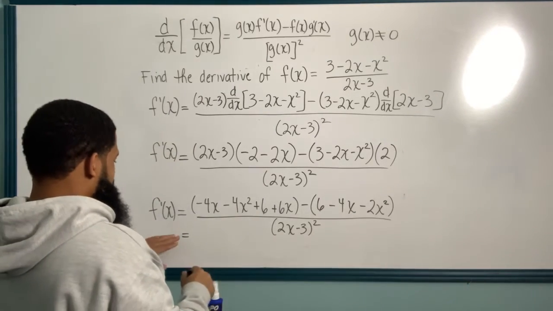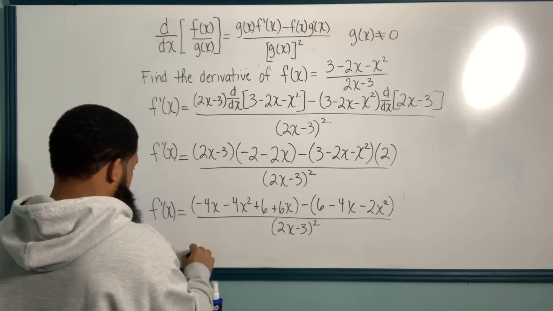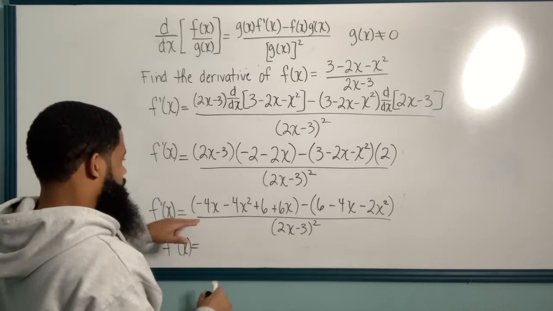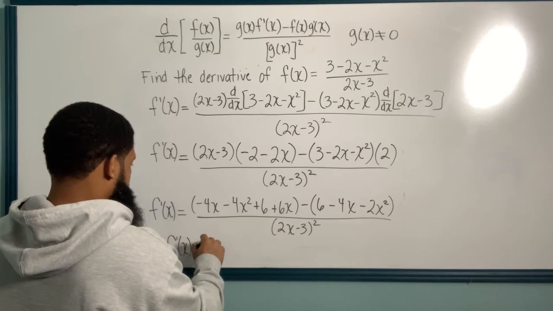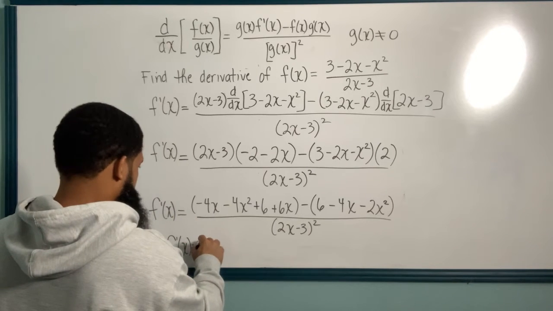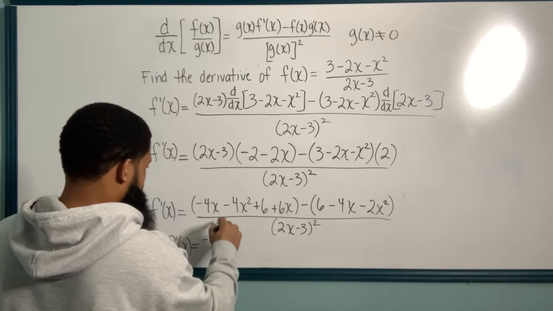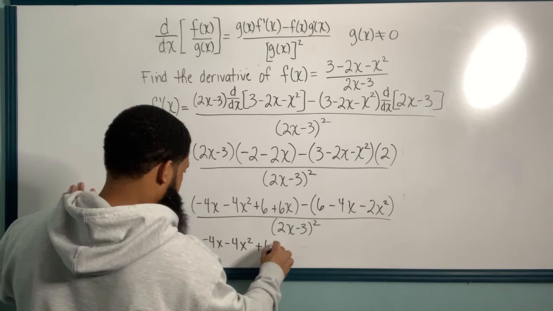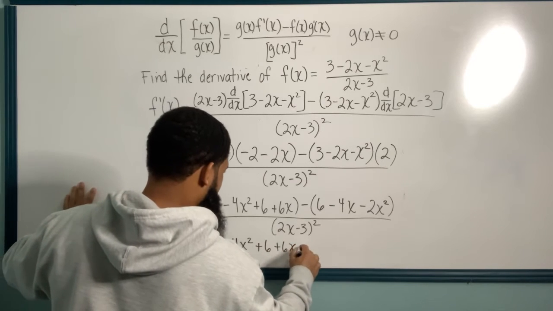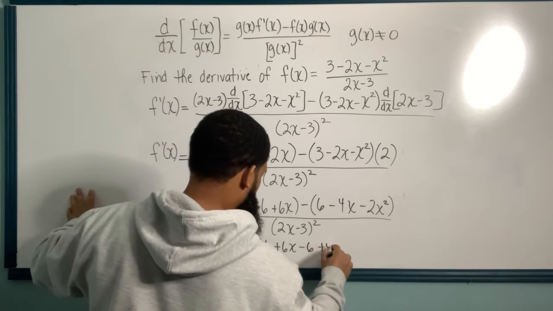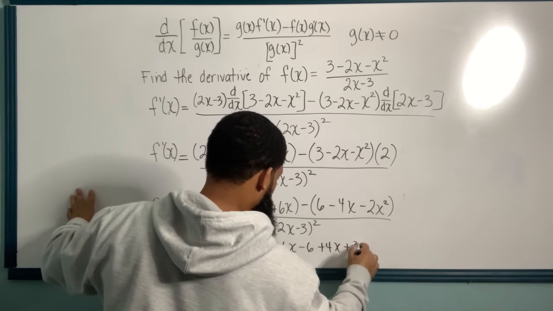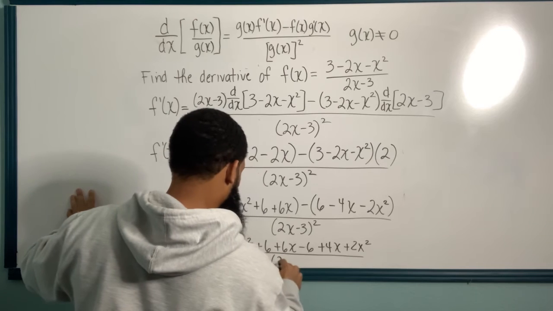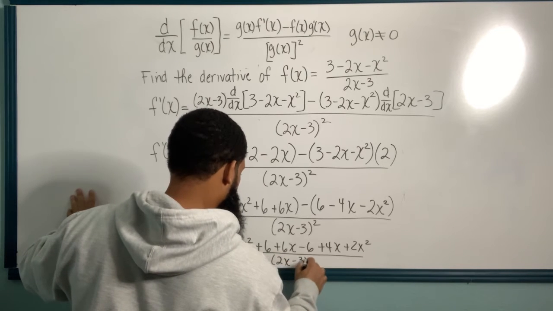So when I get here, I want to say negative 4x, minus 4x squared plus 6 plus 6x, minus 6 plus 4x and then plus 2x squared. Still over that denominator of 2x minus 3 squared.